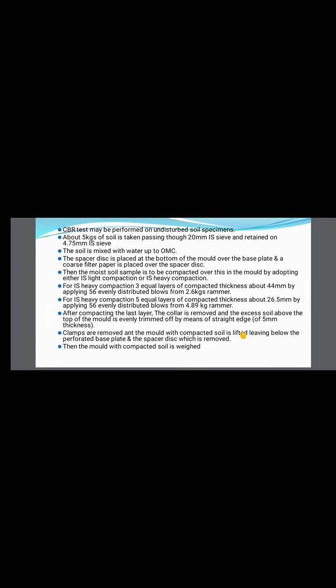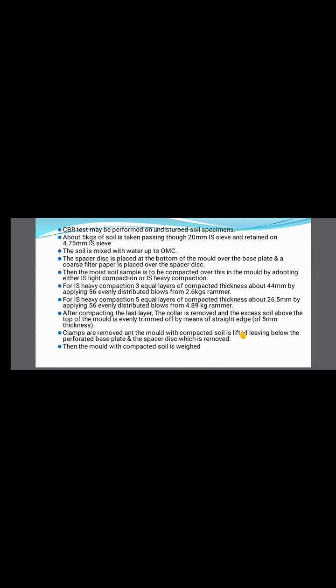Then the moist soil sample is to be compacted in the mold by adopting either IS light compaction or heavy compaction. Based on which method we apply, we get different answers, so whichever one we choose, light or heavy compaction.